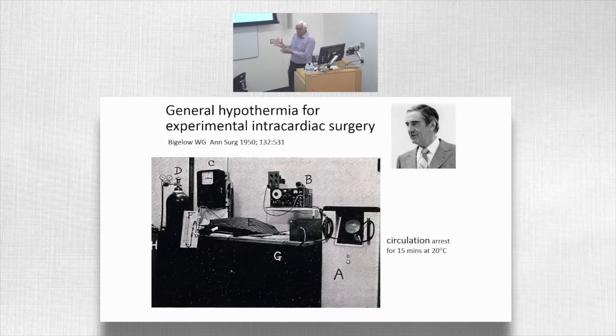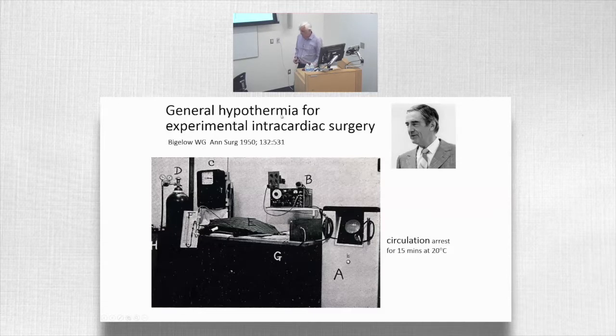So now they had a window whereby they could start thinking about bringing this into the human sphere and perhaps introducing it into the repair of congenital heart disease. Now, in those days, there was no valve replacement, there was no coronary artery bypass grafting. It was all about surgery for congenital heart disease.